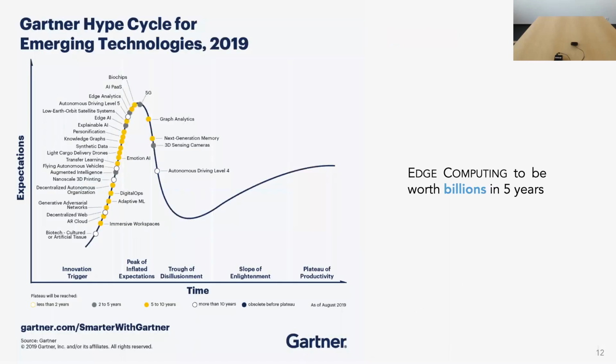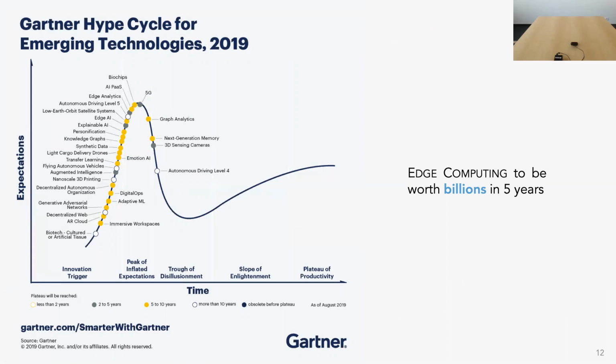Taking a look at some of the other predictions for edge computing, like the ones that are usually sent out every year by Gartner, we have this graph here, which probably you guys are familiar with, which is called the hype cycle. Every year we have one. And this one here, the topic is emerging technologies.